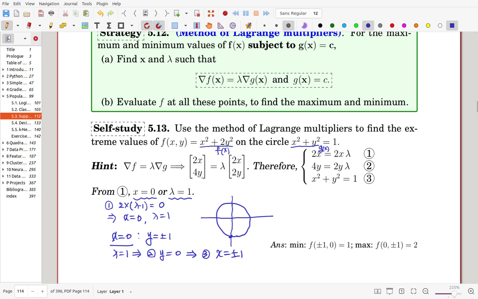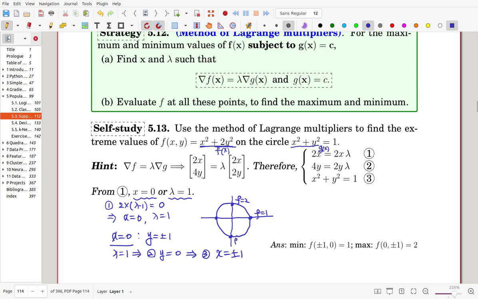So this one and that one. Once y equals 0, then x is plus or minus 1. So for each point, now you can evaluate the value here. For this point, f is 2. For that point, now there is (1, 0), so if you plug in x is 1, y equals 0, then f is now 1.